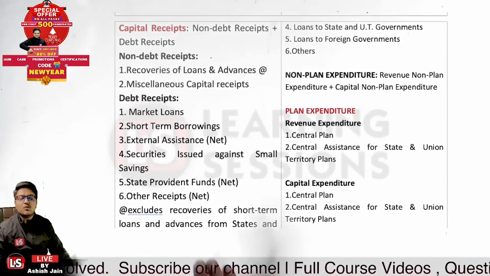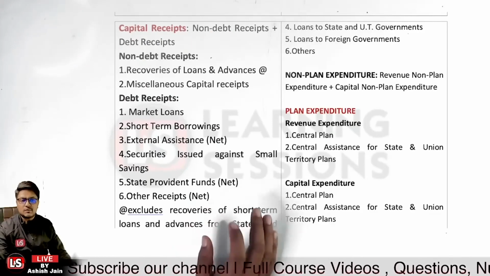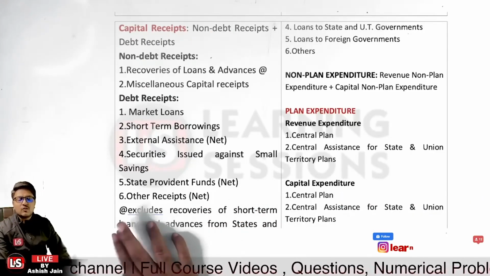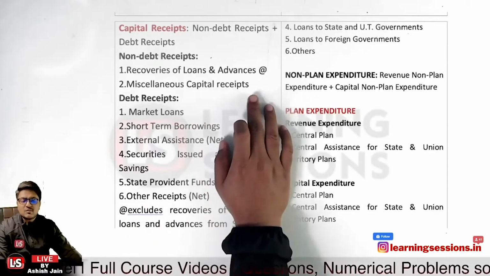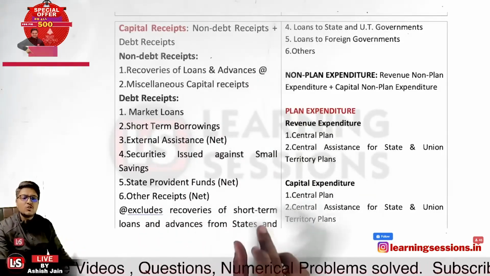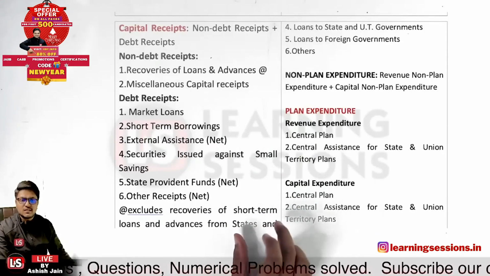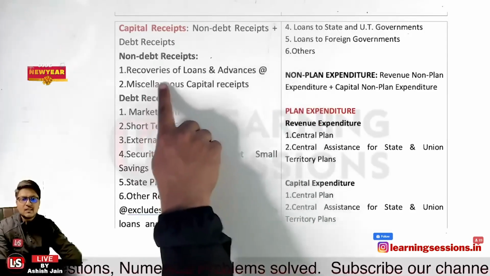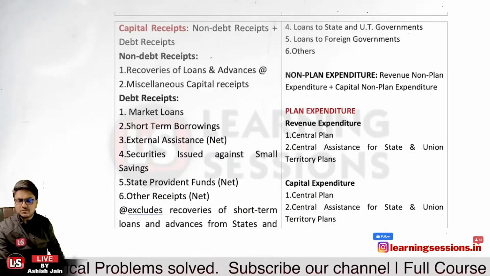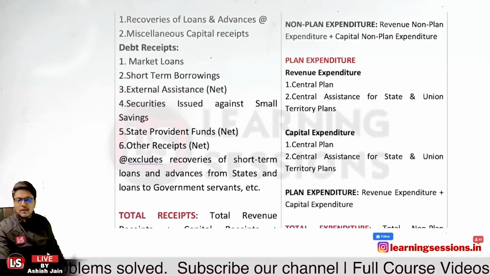So it is all related to the debt receipts. We have marked it with an asterisk over here, which means excluding the recovery from short-term loans and advances from the state itself. In this particular case, the recovery from short-term loans and advances is to be excluded. Is that particular part clear over here?